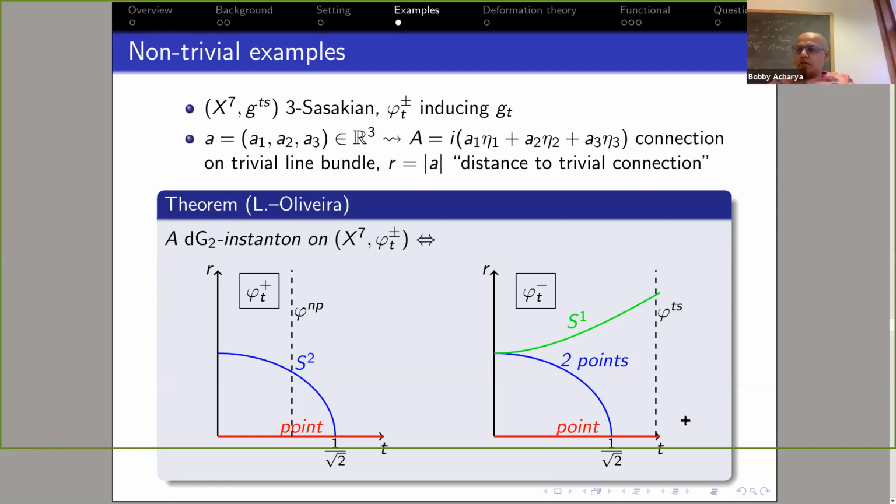Jason, can I ask a question? Please. For the deformed G2 instantons you've got on the nearly parallel guy, what do they pull back to on the spin 7 holonomy cone? Right.